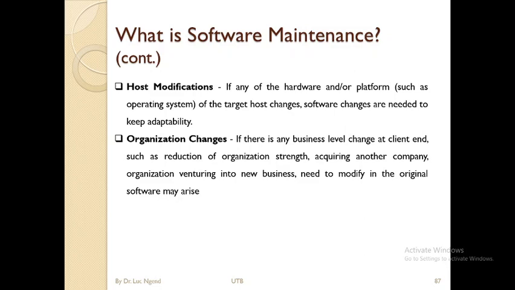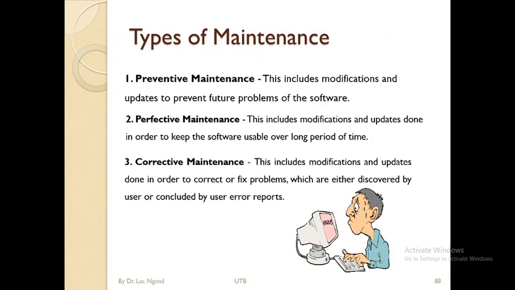After buying Tigo, there was huge maintenance because you have to adapt your new system to the change. So these are the key reasons that trigger maintenance in software in organizations.